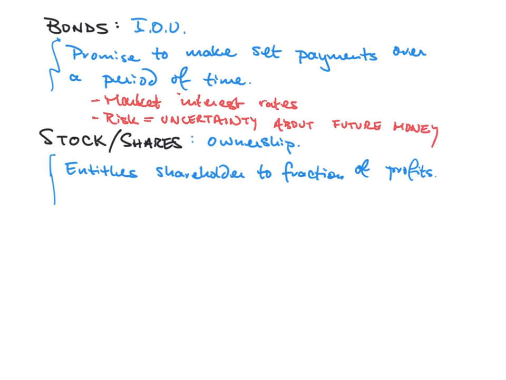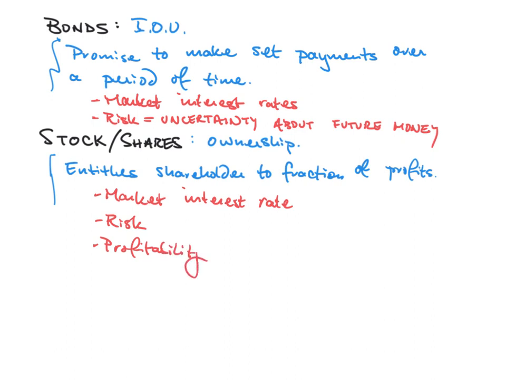Okay, now the value of stocks also depends on the market interest rate, and risk. And a third thing, the profitability of the firm. Okay, because again, the stock entitles the owner of that stock to a fraction of the firm's profits. The more profitable the firm is, the more that ownership share is worth.